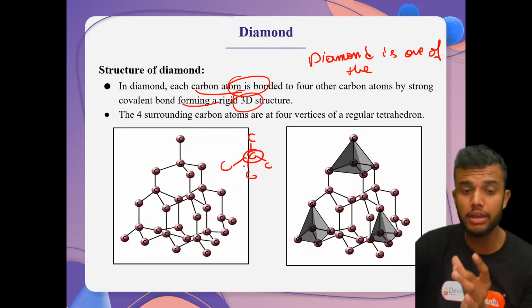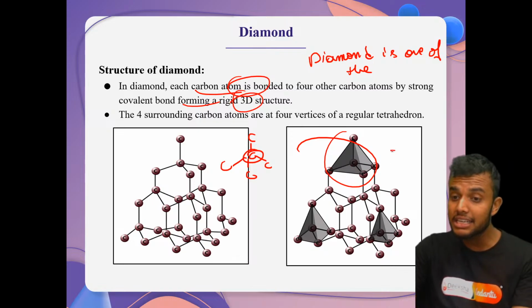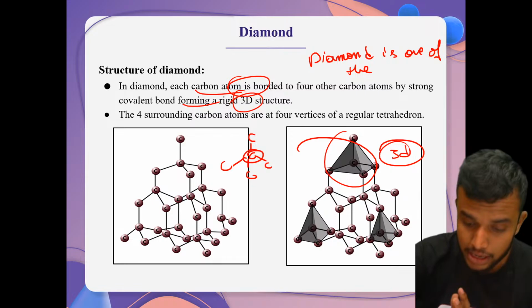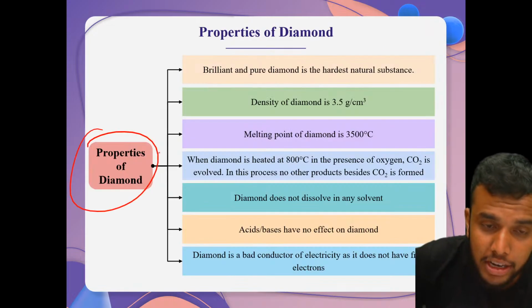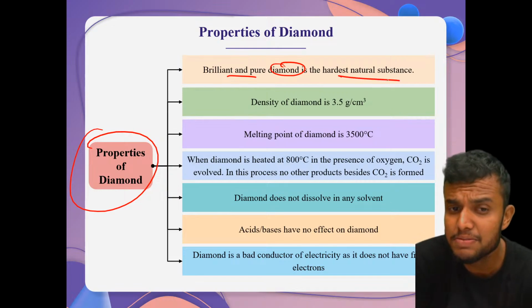One single carbon forms bonds with 4 others like a pyramid, a 3D structure. That's the next property. First, brilliant and pure, diamond is the hardest natural substance.